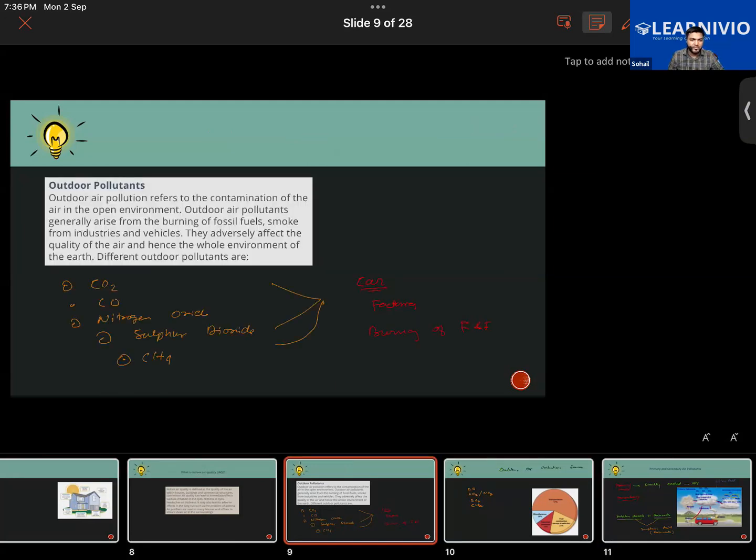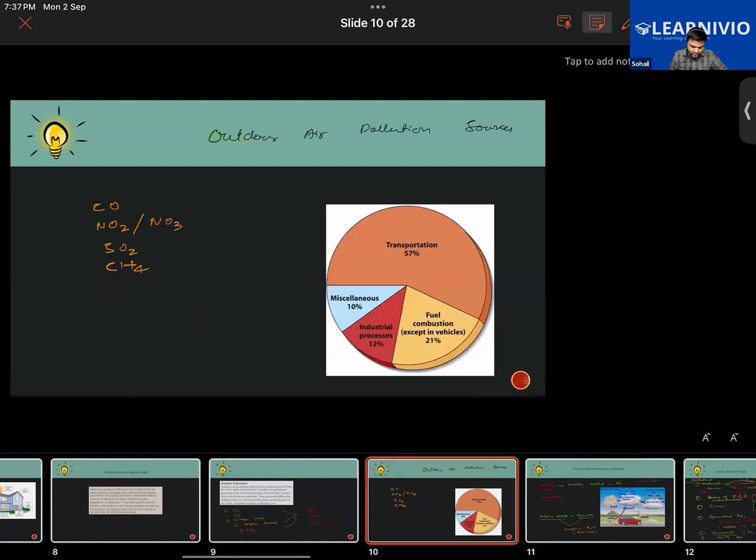So any kind of pollutant that comes out from vehicles, from the chimneys of the factories, those will be the outdoor pollutants, and they are the major source of air pollutants. Outdoor pollutants contribute much more to polluting the environment as compared to indoor pollutants.